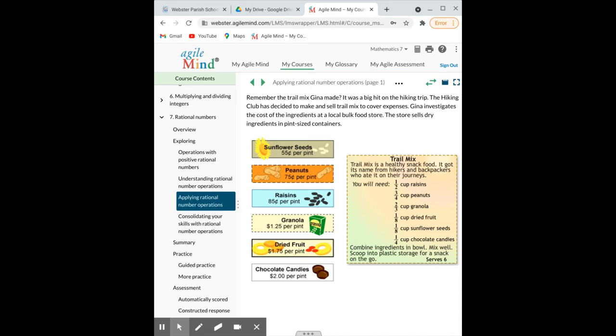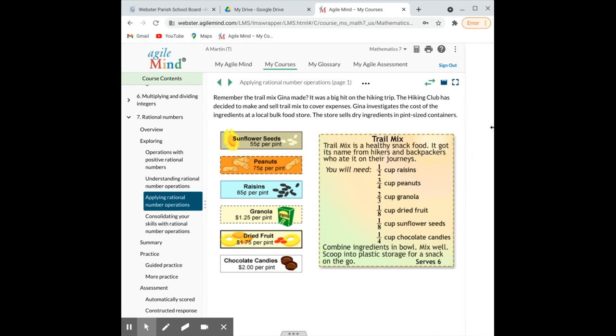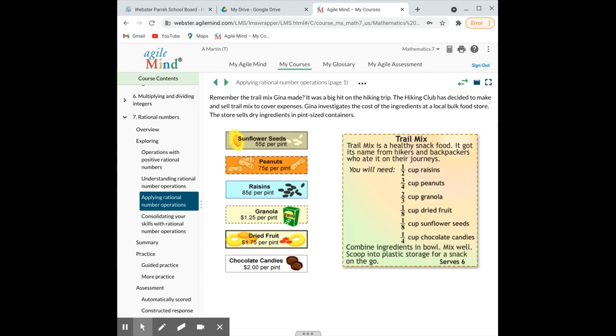So while your mind's working, we're going to go ahead and explore page 1 of applying rational number operations. So if you would, Miss Samantha, would you read this, please, ma'am?